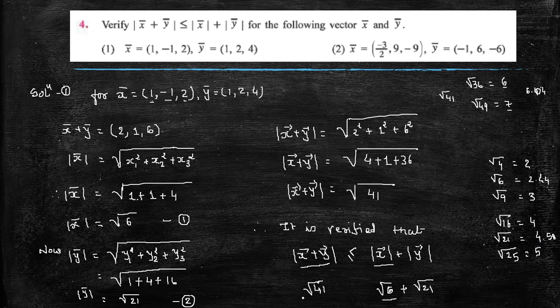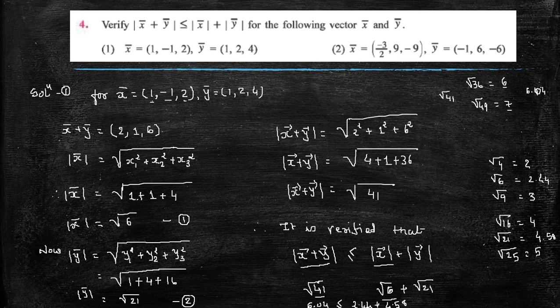So by replacing root 41 as 6.04 is less than, let us replace the value of root 6 with 2.44 plus 4.58.